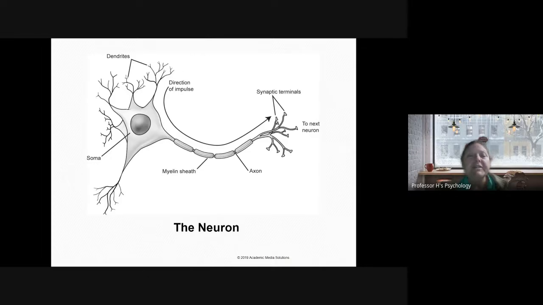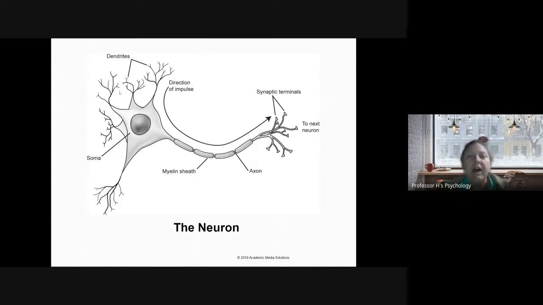When it gets enough stimulation on these dendrites, then a signal shoots down this cell all the way to the end. This section here is called the axon. The axon is where that signal will shoot down through.